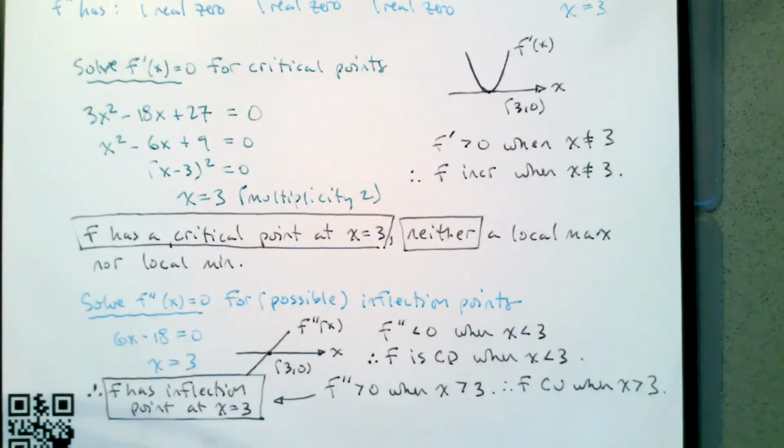Professor Lich, I have a question, please. On the top, it said solve f prime of x equals 0 for critical points. And then on the right, you have the quadratic. The reason it goes up is because the 3 has the multiplicity with the x squared, the leading coefficient is positive.